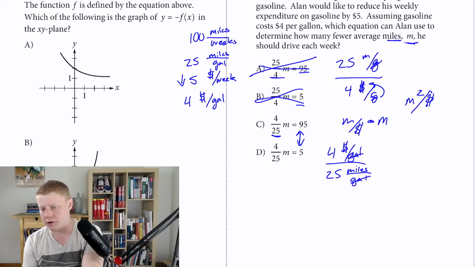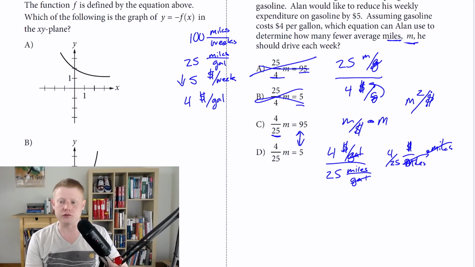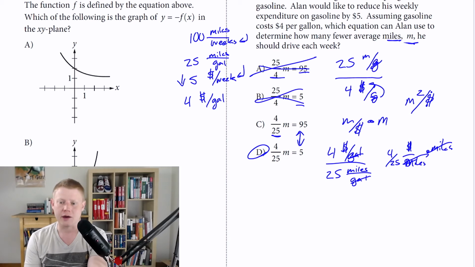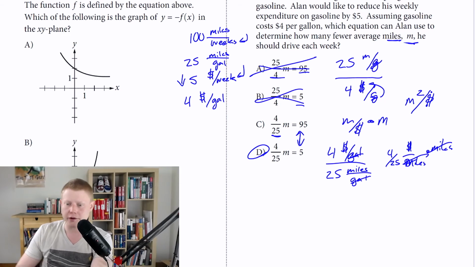That leaves me with 4 over 25 dollars over miles, which multiplied by miles will cancel our miles and leave me with just dollars, which would be equal to 5, which is what I want. Notice I didn't actually use the week when I did this because there's only one time unit. I don't have days or months or hours or anything like that. I'm not overly concerned about the weeks actually being in play here.